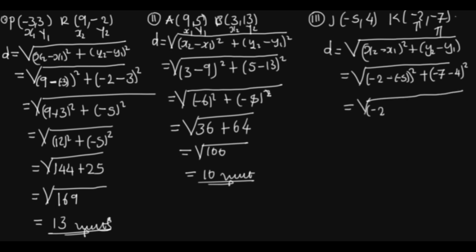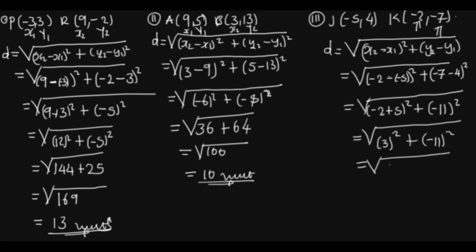So negative 2 minus negative 5 is positive 3 squared, plus negative 11 squared. 3 times 3 is 9 plus 11 times 11 is 121. So 121 plus 9 is 130.